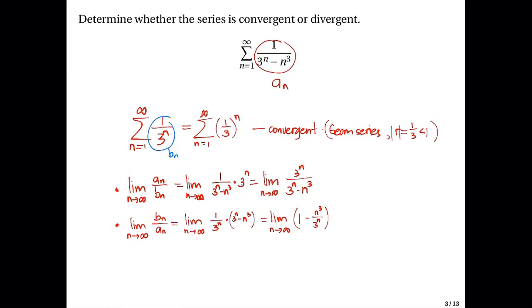Kuha nyo. So, in any case, I will accept the fact that this guy will go to 0 because exponential functions are much, much, much faster than the polynomial. Which means in here, this is just equal to 1.